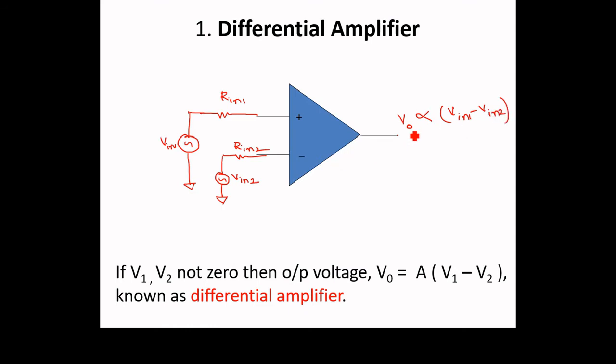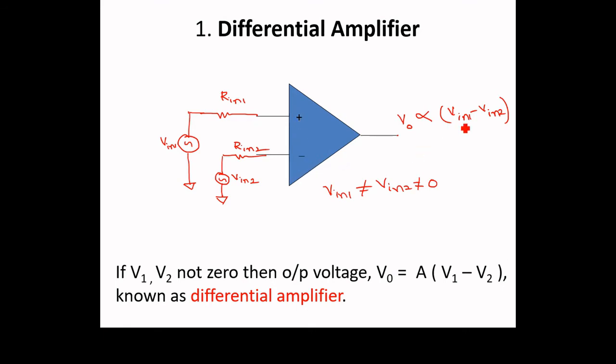So that is why it is called differential amplifier. For a differential amplifier, these input voltages should not be equal to 0.